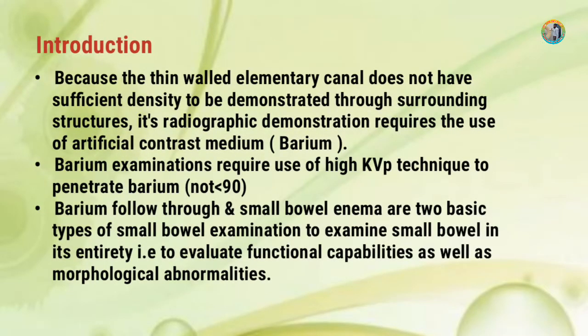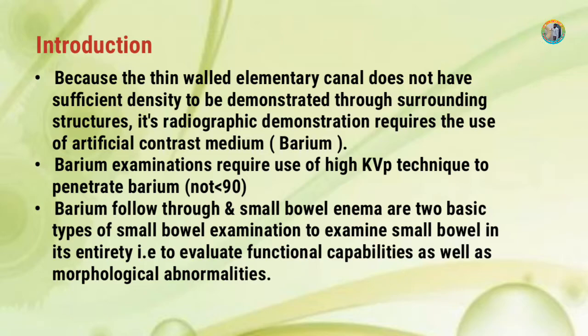Because the thin-walled alimentary canal does not have sufficient density to be demonstrated against surrounding structures, its radiographic demonstration requires the use of an artificial contrast medium, that is barium sulfate. Barium examination requires a high kVp technique, not less than 90, to penetrate the barium.